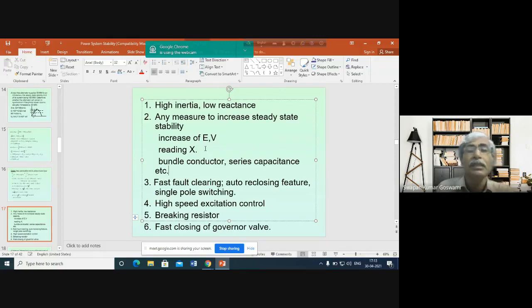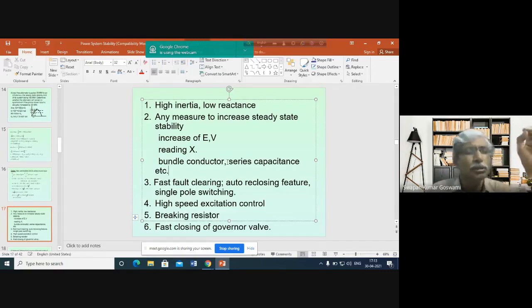But obviously, if the series capacitor can be used, then its impact is larger, because the peak of the power angle curve can be directly increased because of the drastic reduction in the value of series impedance. But it has some disadvantages, which I have mentioned. However, series capacitors can be used nowadays because there are methods to overcome these problems.